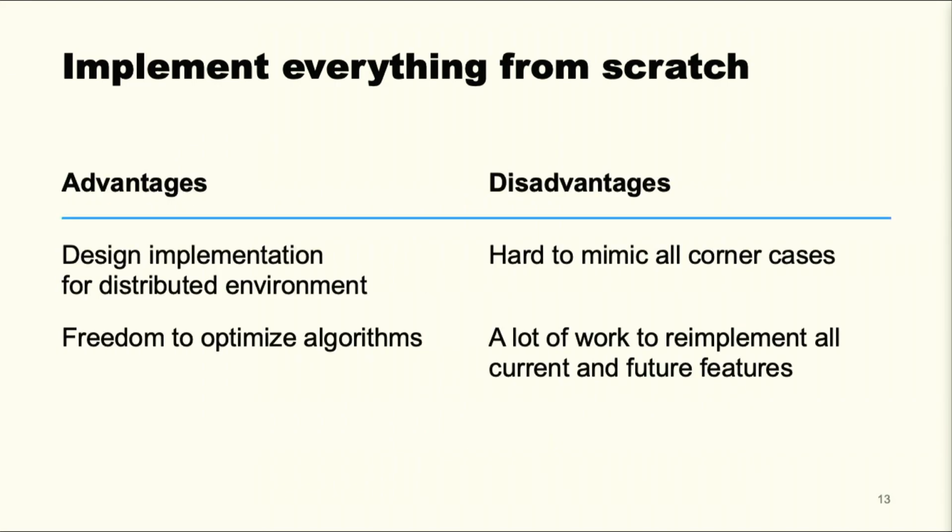For each approach, we'll explore their trade-offs, advantages and disadvantages. So for this approach, you have the most freedom to implement the system the way you want it, because you are basically writing the whole of it on your own. And you can optimize anything you want, make it suit any requirements you have, make it distributed, whatever. So it's all in your hands.